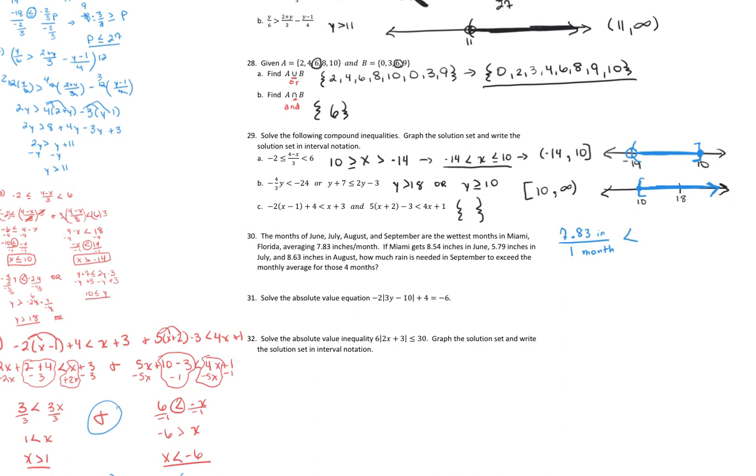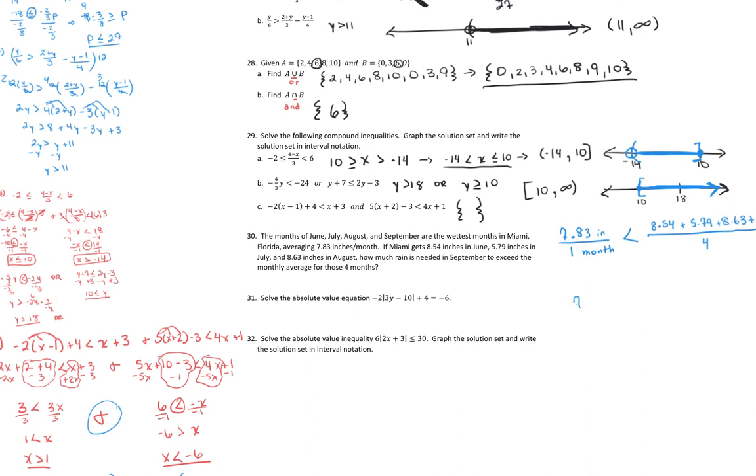So you want the average on this right side to be greater than the 7.83 inches a month. So if we get 8.54 inches in 1 month and 5.79 inches in the other month, and then 8.63 inches in the third month, you want to find what inches in the fourth month, and then divide it by 4 total months to exceed that 7.83.